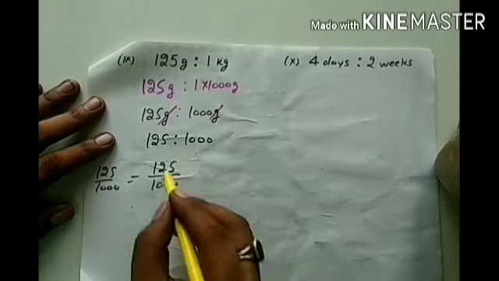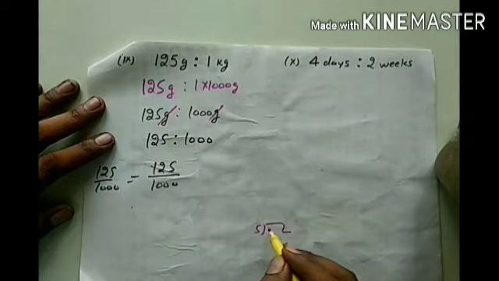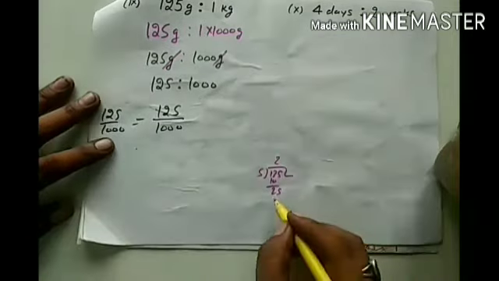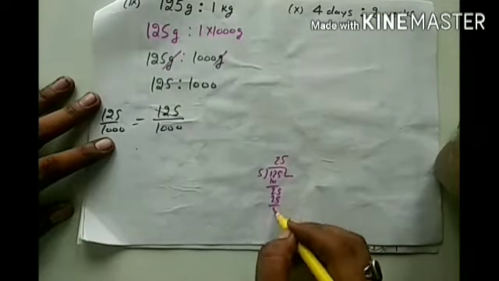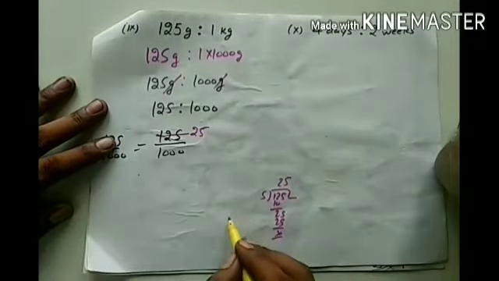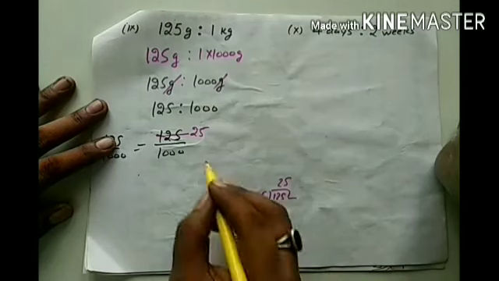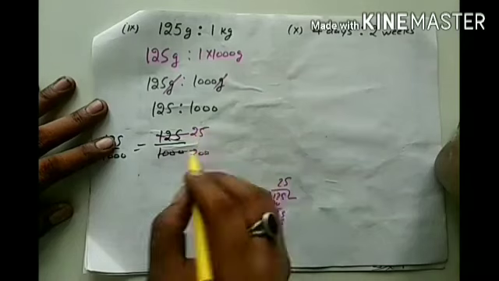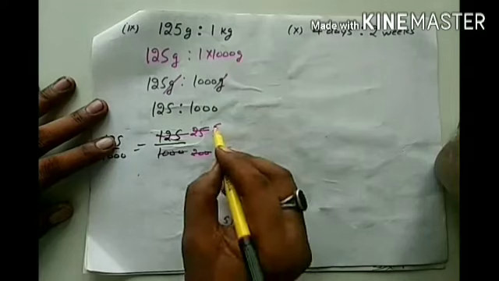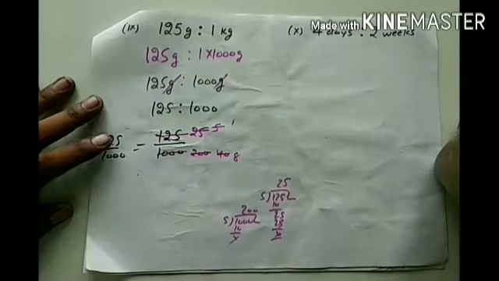If I divide 125 by 5, then the answer is 25. If I divide 1000 by 5, then the answer is 200. Now again I will divide both of them by 5. 5 5s are 25, 5 4s are 20. Now 5 1s are 5, and 5 8s are 40.